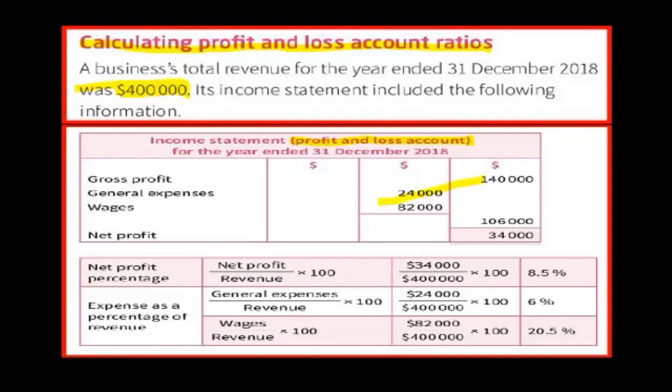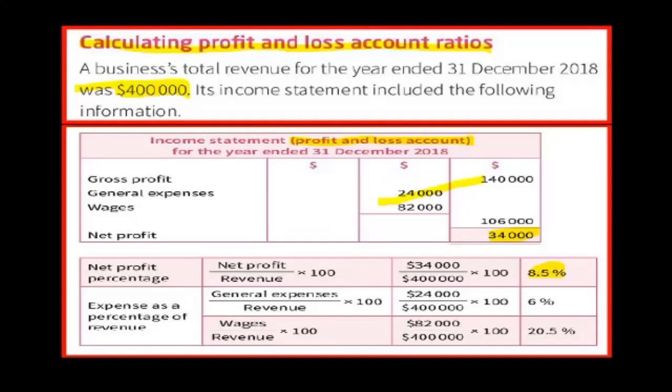The first ratio, net profit percentage, is net profit over revenue times 100. It will be 34,000 from here, divided by the 400,000 from the trading account. We multiply it by 100 and we get 8.5%.